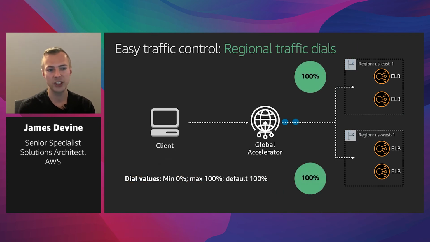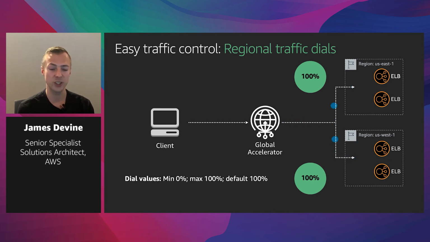We also have the ability to do regional traffic dials. You can make them as low as 0 for no traffic or as much as 100 for 100% traffic. The default is going to be 100%. So in this example, we have 100% traffic flow sent to US East 1 and US West 1, and traffic is evenly distributed between those 2 regions, and that works right out of the box.